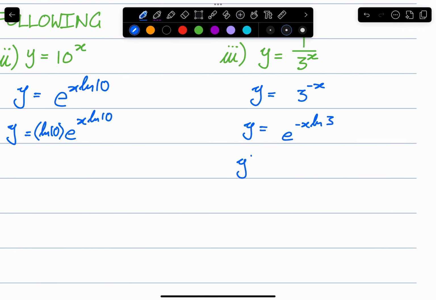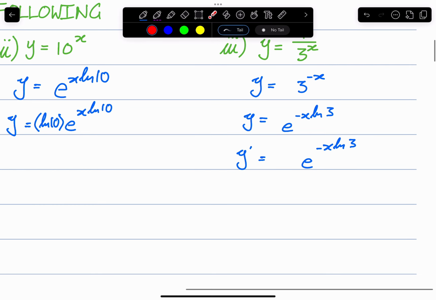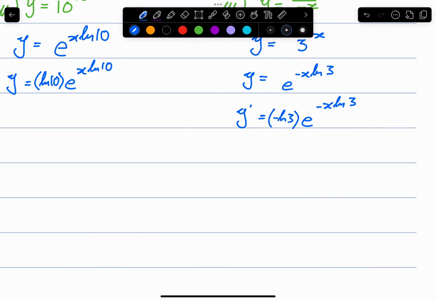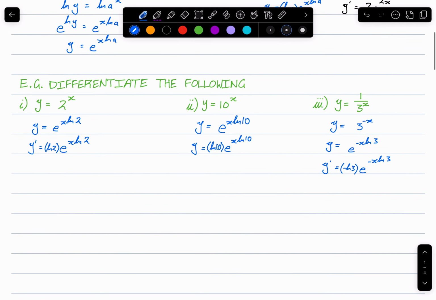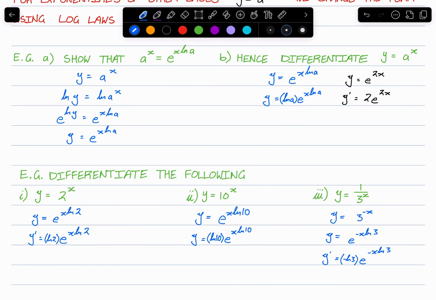Its derivative y prime is, well, since it's e to the power of something, it's always going to be itself times the derivative of this power. So the derivative of negative x ln 3 is going to be times negative ln 3. There we have it. So it's negative ln 3, e to the power of negative x ln 3.